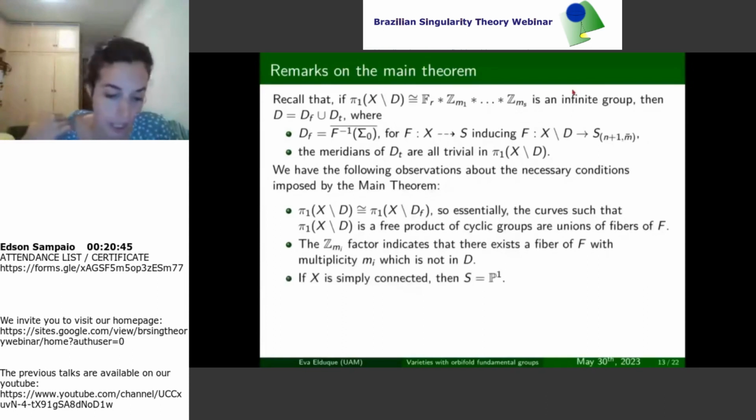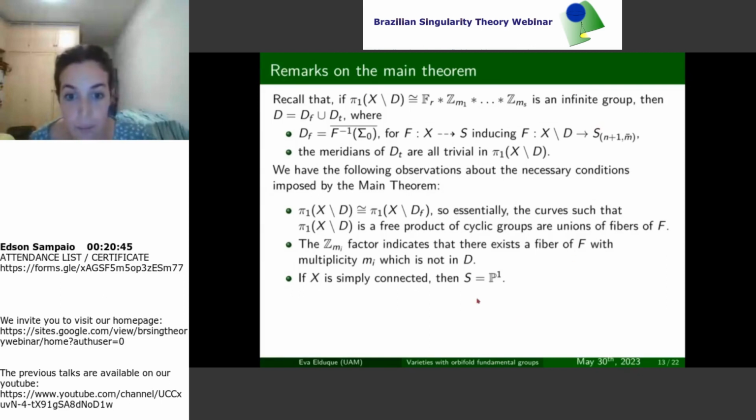Also, I say that a morphism to a Riemann surface of genus G exists, and I didn't give you a formula for G because we don't have it. But if X is simply connected, then the only possible surface that you're going to get is P1.